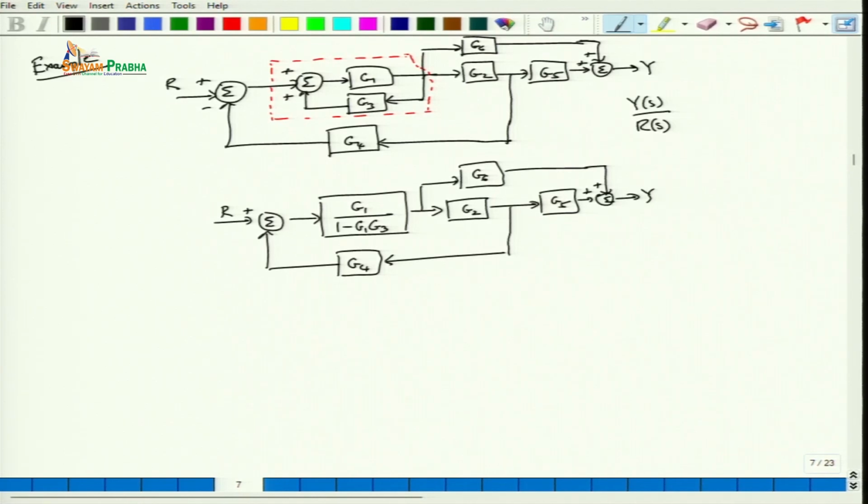So we have simplified this part marked in the red color here.